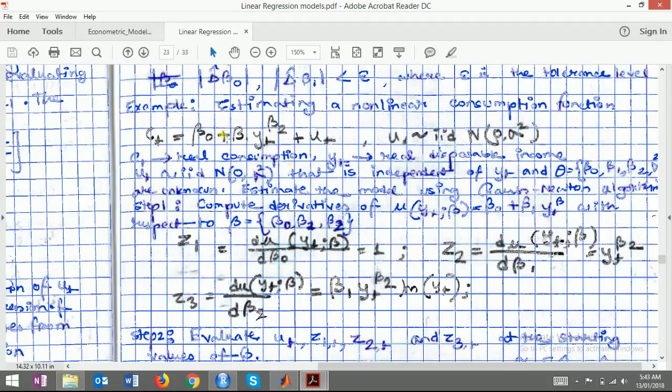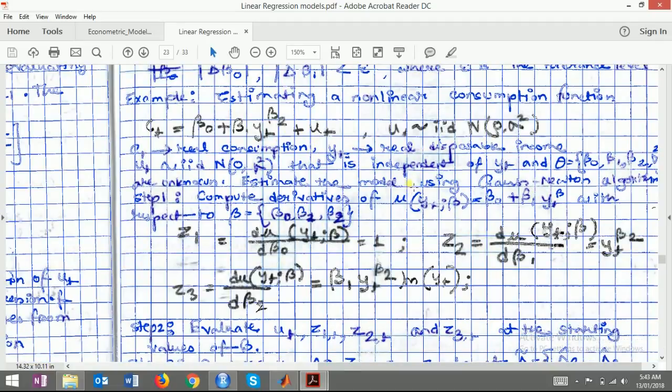So we just did a nonlinear exponential model, now a nonlinear consumption function: ct equals beta naught plus beta 1 yt to the power beta 2 plus ut, where ut is iid with mean 0 and variance sigma square.